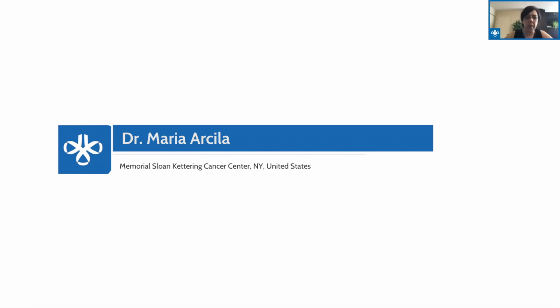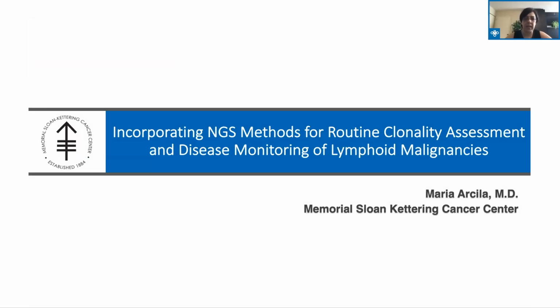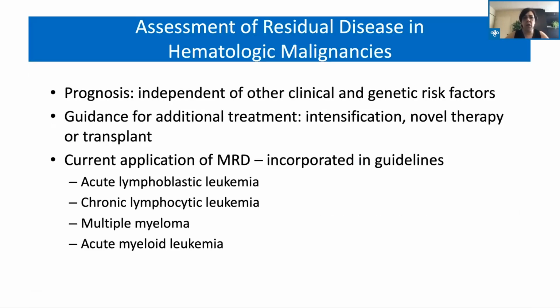We'll be talking about how we incorporated next generation sequencing methods for routine clonality assessment and disease monitoring. As you know, assessment of residual disease, both minimal residual disease or measurable residual disease, in hematologic malignancies is becoming incredibly important. In itself, residual disease is prognostic, and this is independent of other clinical and genetic risks.